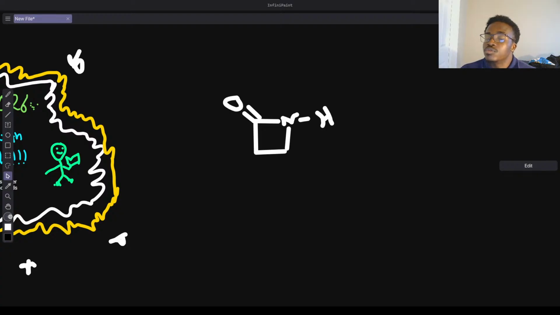However, the problem with that system is that activation of a carbon-carbon bond that happens to have a heteroatom was difficult.